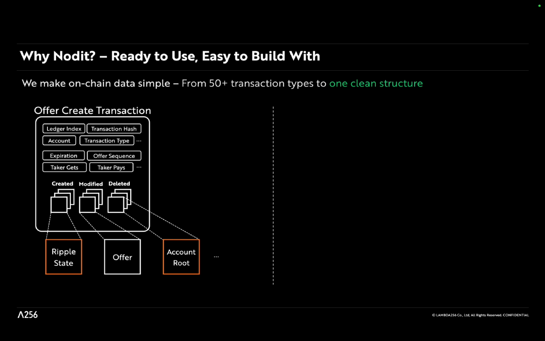But we went deeper. XRPL records state changes in ledger entry nodes, and among them, two are especially important: RippleState, which tracks token balances and trust lines, and AccountRoot, which stores core account info like XRP balances.